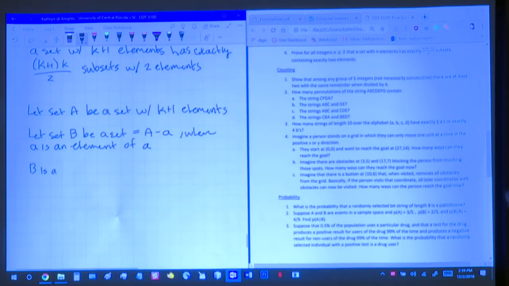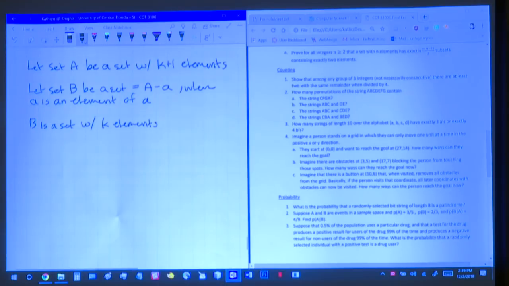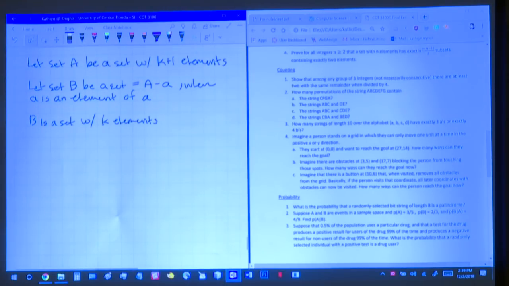So now all the subsets of A of size 2 either contain this element a or they don't. And all of the sets that don't contain the element a are also subsets of B. And B has k elements, so we can use our inductive hypothesis to define how many subsets with 2 elements that B has.